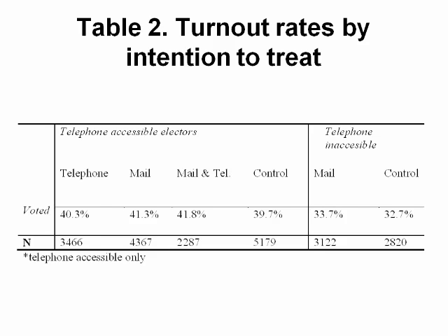But those differences aren't actually very large. Obviously, you can't compare the telephone one with the mail quite in this way because of the selection problem I mentioned before. But in the telephone inaccessible, you can also see impacts of the treatment across mail and the control to show the impact.